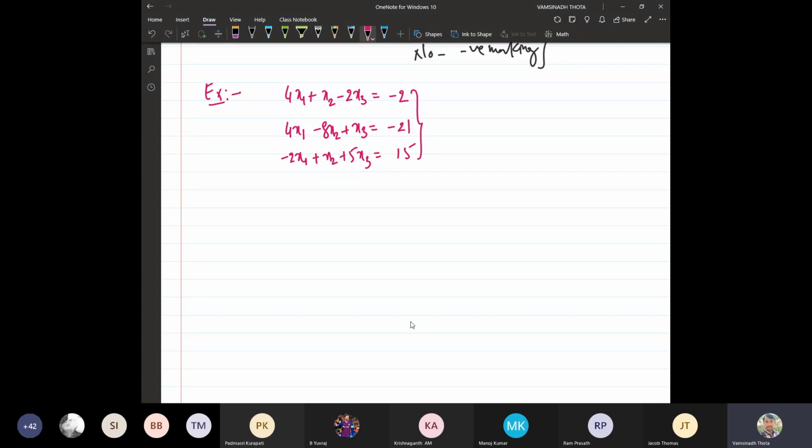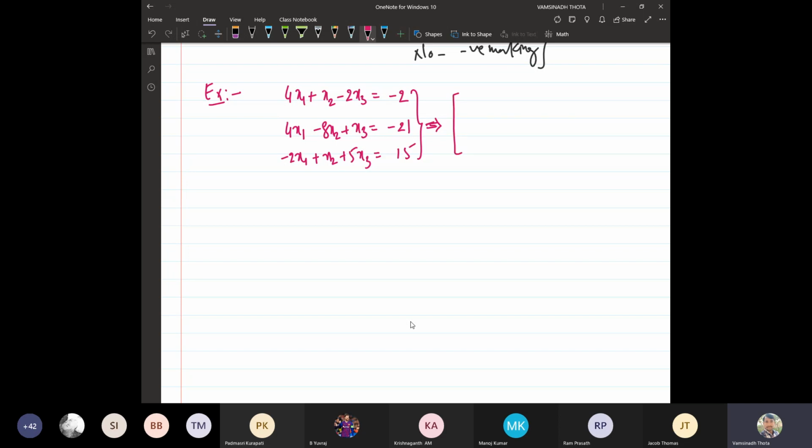So this is the linear system given to us. It is a square system, that is 3 equations in 3 unknowns. First thing, write the system in the matrix form.